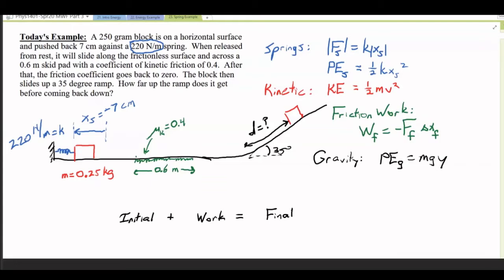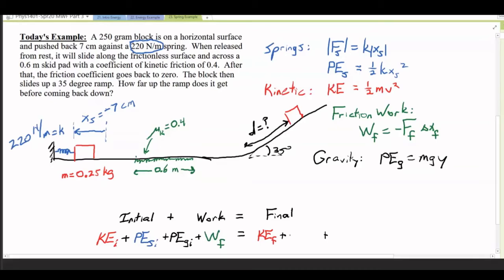So we're going to have kinetic energy initial plus potential energy of the spring initial plus potential energy due to gravity initial plus work due to friction, which we know is negative, equals kinetic energy final plus potential energy of the spring final plus potential energy due to gravity final.